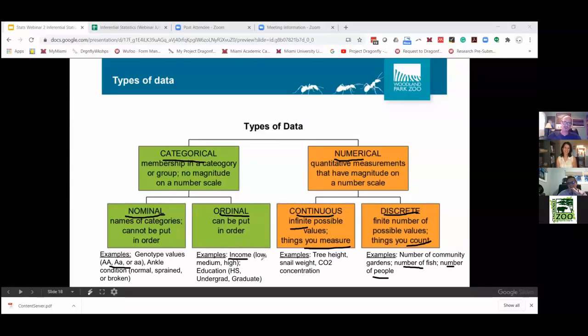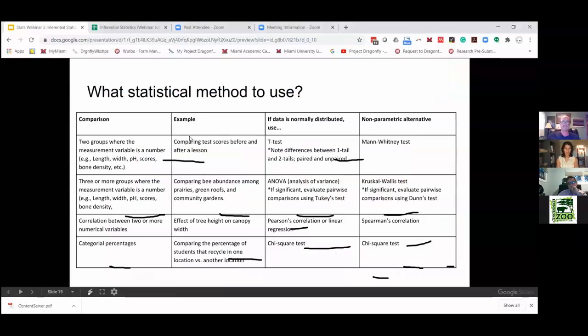So you might have, like the example I gave of low, medium, and high income countries, those you might consider ordinal. So if you know what type of data you have, you're going to be good to go in terms of figuring out what kind of stats you can run.